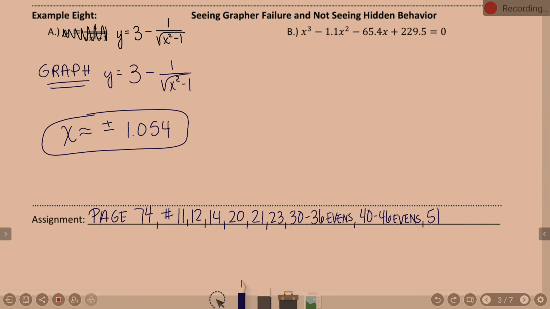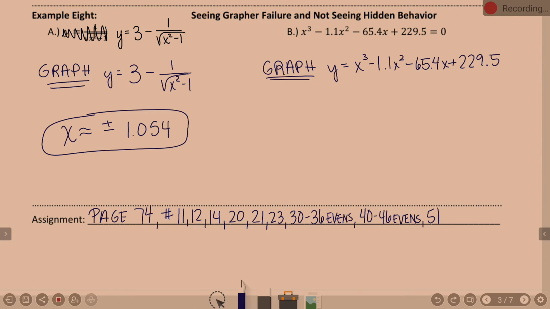They give us this equation. They have it equal to 0, so we're going to graph the y equals version, yes? Y equals x to the third minus 1.1 x squared minus 65.4x plus 229.5. Now, I will warn you, type this one in very carefully.